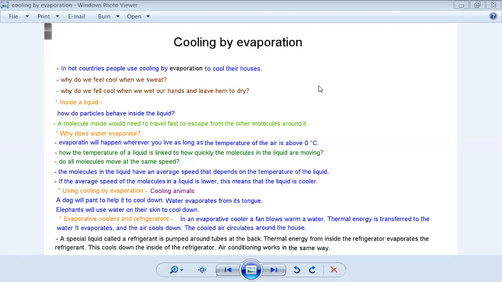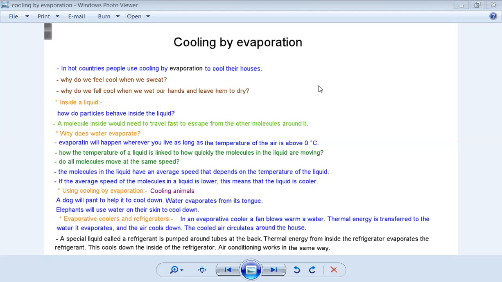It's the same thing with the fast moving molecules. We said Naim and Fatima are the fast molecules. When they escaped from the liquid, we got only low average molecules. So the average speed decreased. Is it clear now?